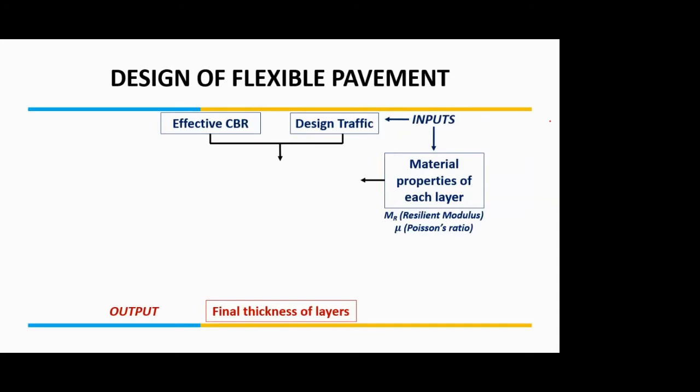Now, all these three inputs, we give to a program in which we first select the trial thickness of each layer that we are supposed to design, whether it is a 3-layer or a 4-layer or a 5-layer system. Irrespective of that, we input the trial thicknesses for each layer except the subgrade. Subgrade, we assume, is semi-infinite.